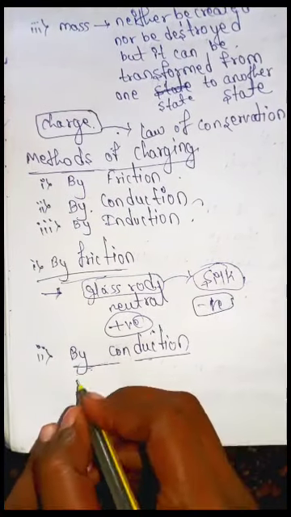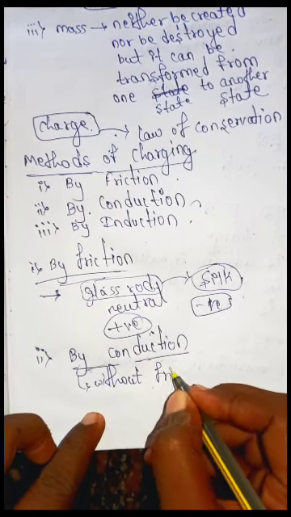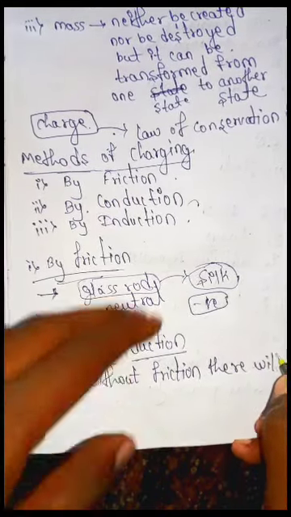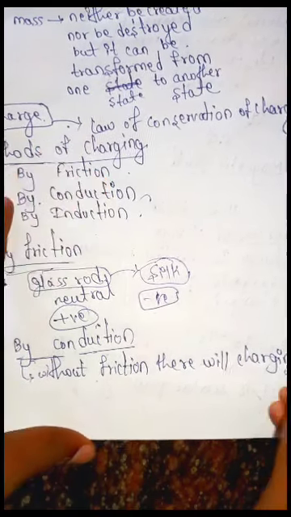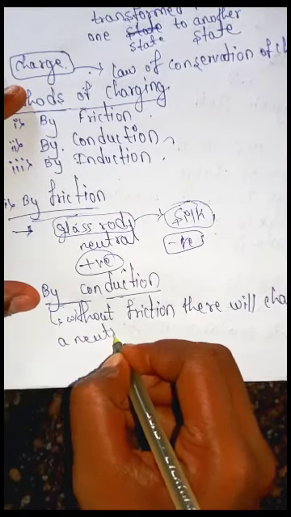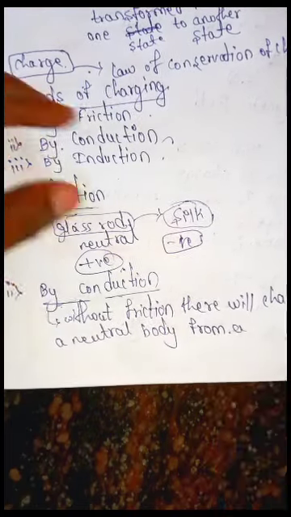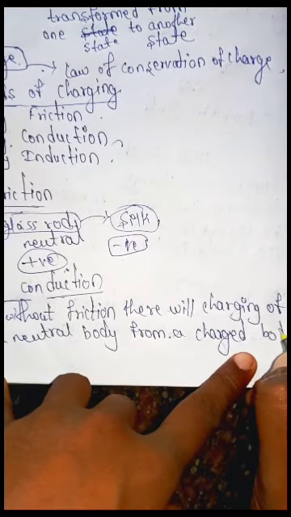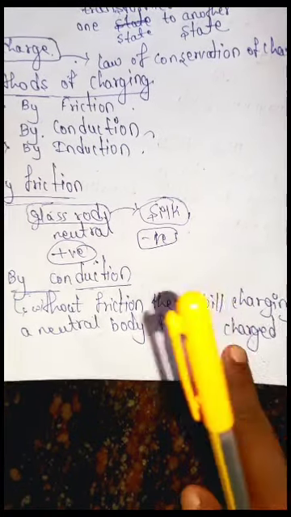So without friction there will be charging of a neutral body from a charged body. So this was charging by conduction.